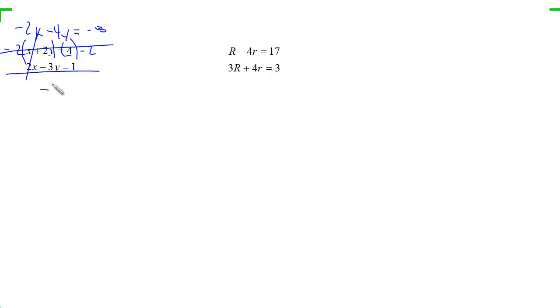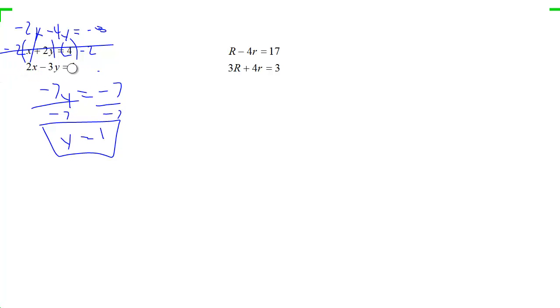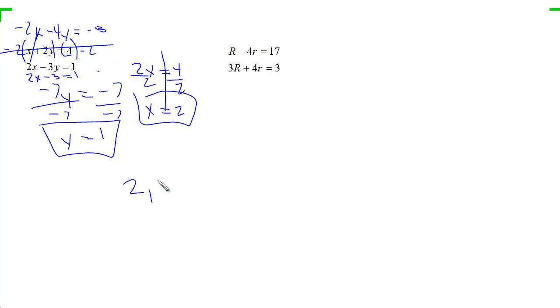Negative 4y, negative 3y, negative 7y equals negative 7. And y is 1. There's one of them, sub back in. We'll just take this one. 3 times 1 is negative 3, so 2x minus 3 equals 1. Add 3, 2x equals 4. And x is 2, so your coordinate is 2, 1.